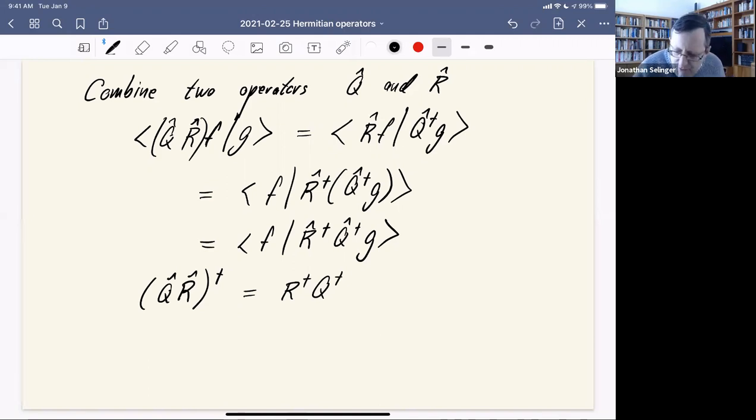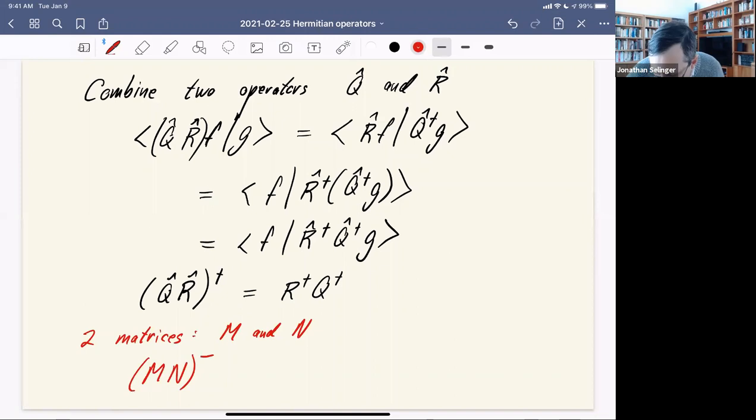If you have two matrices, let's say M and N, and you do matrix multiplication, MN, and then you want the transpose of this matrix, MN transpose, that comes out to be equal to the matrix product of N transpose with M transpose.